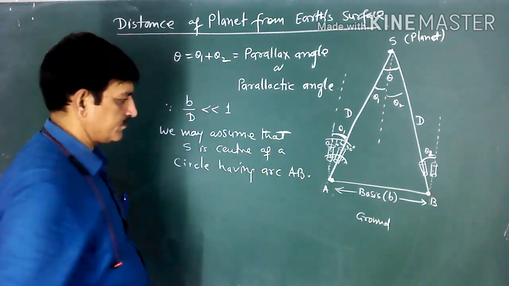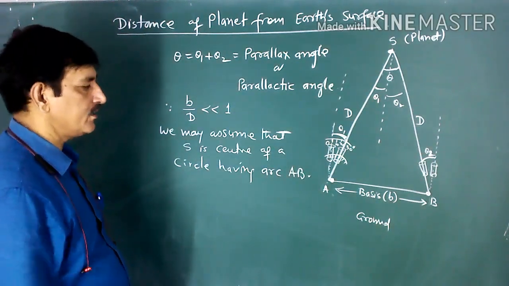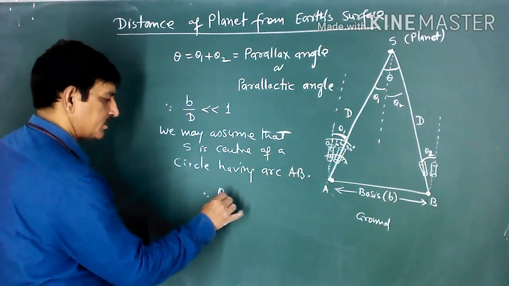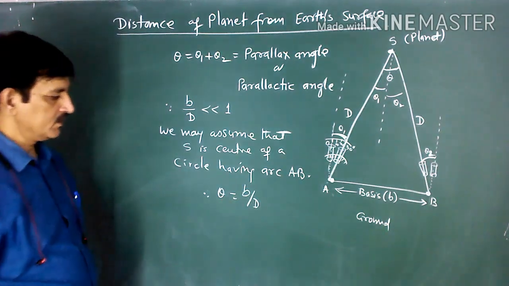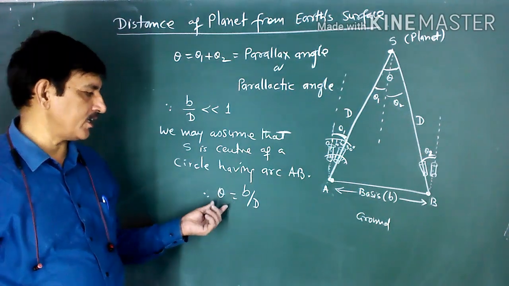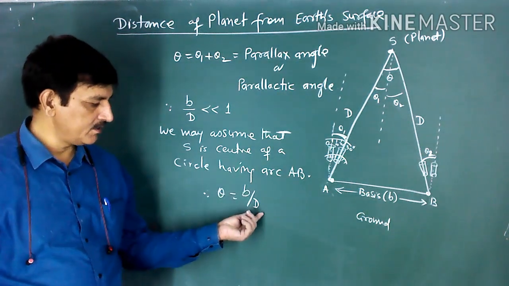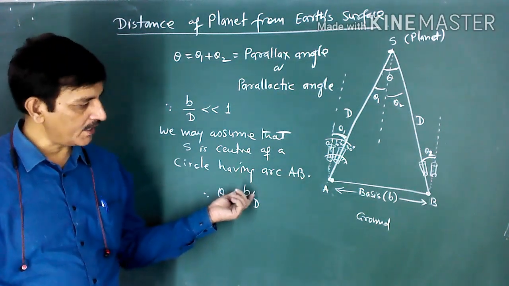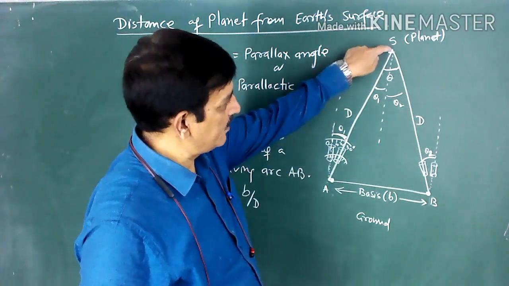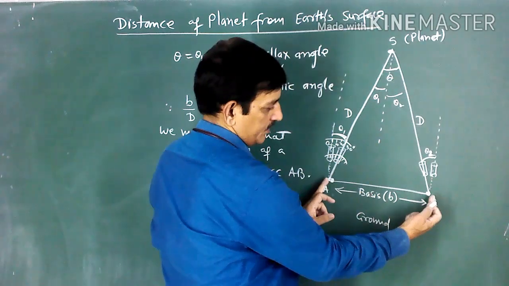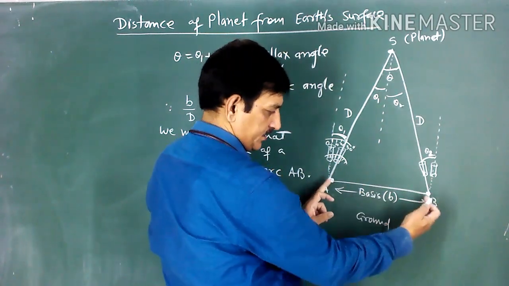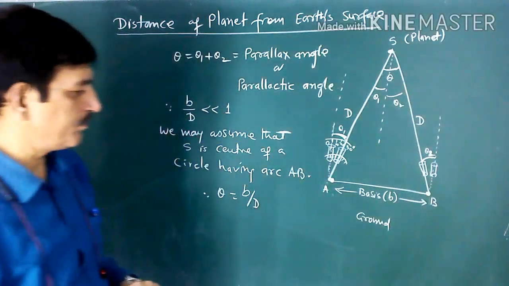That is called the basis. So in this condition we can write theta is equal to B by D. You know that theta is equal to arc by radius. So this is the arc, this is the center, and this may be treated as a part of the circumference, that is called the basis here.